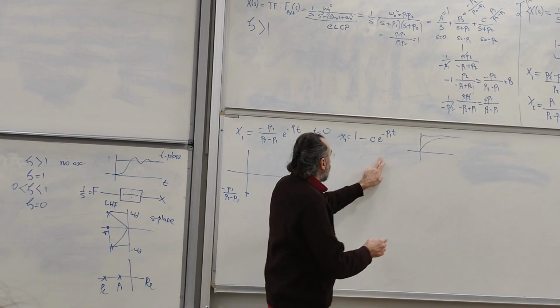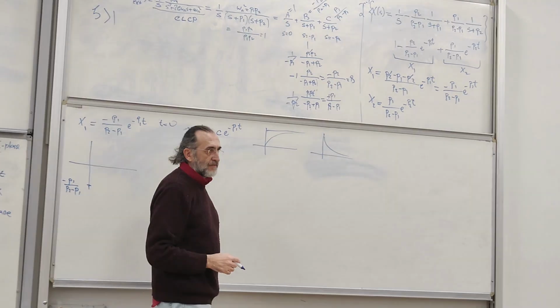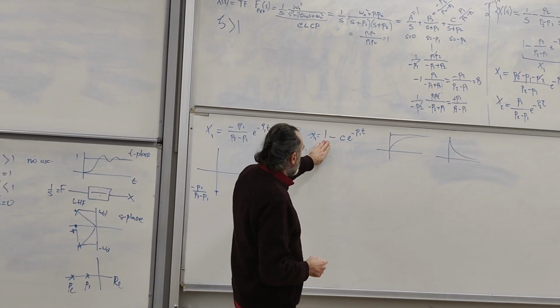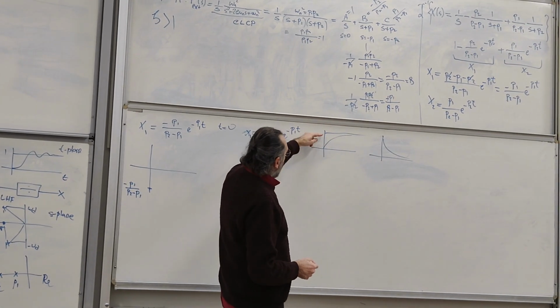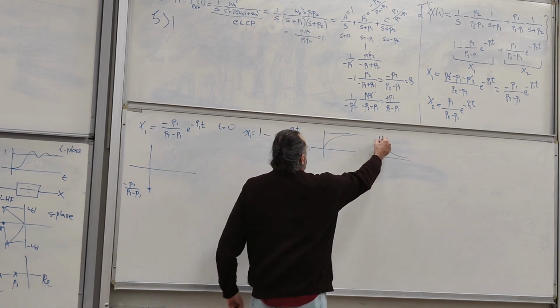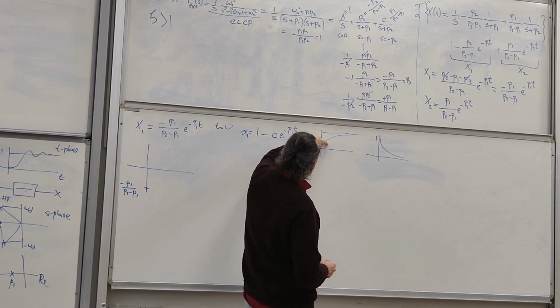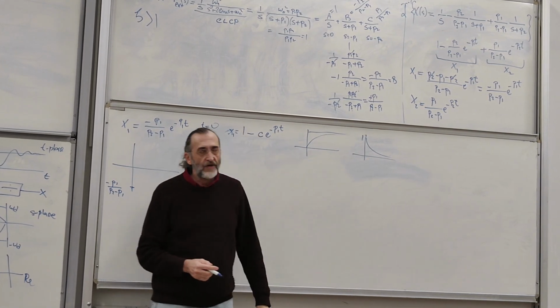If it is just that, then it would be that. But if I have 1 minus, then this whole thing is subtracted from 1. So I have 1 here, and as this grows, I take more and more out of the 1, so I go down.